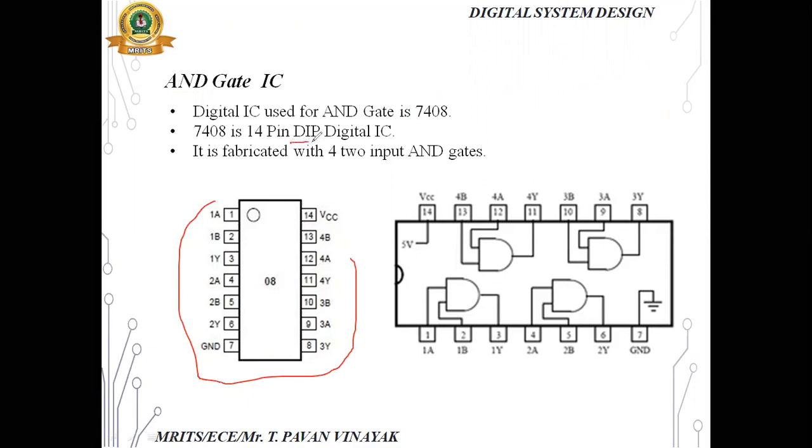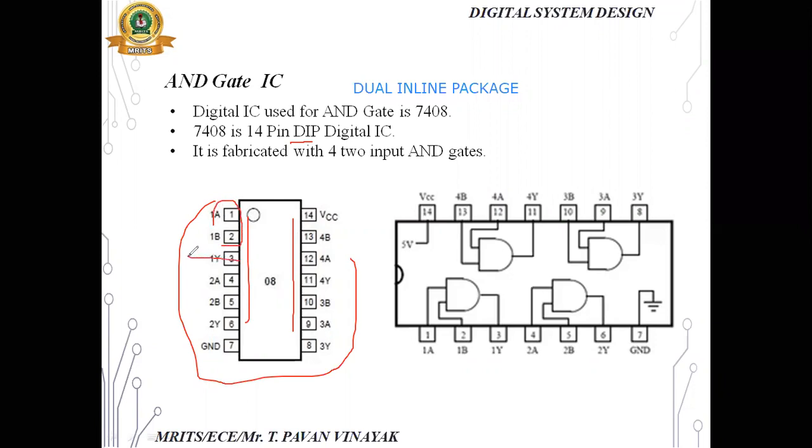DIP means dual inline package. Dual inline package means the pins are equally distributed to left and right. So it is 14 pins: 7 pins on the left and 7 pins on the right. The first pin and second pin are inputs.